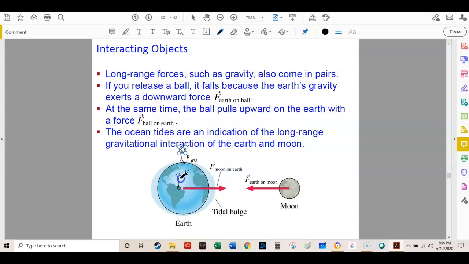You're going to be pulling the earth back up towards you an equal and opposite amount. Now, that doesn't mean that the earth is going to be falling upwards towards you at the same rate that you're falling down towards the earth. That's the acceleration thing. But what that means is forces are always equal and opposite.